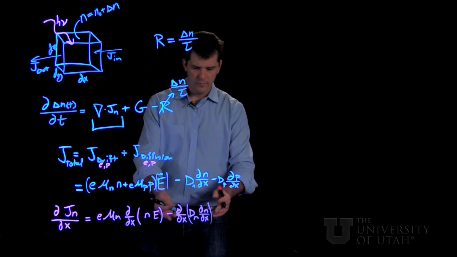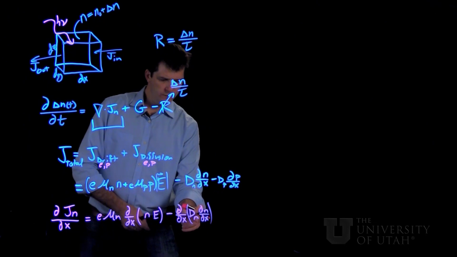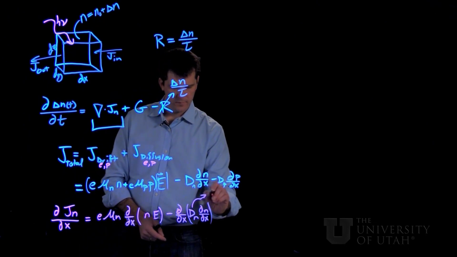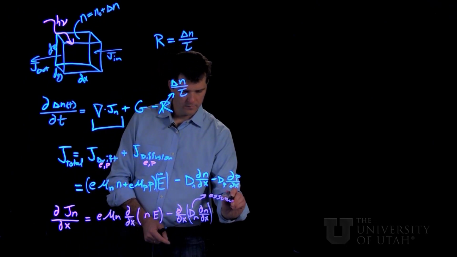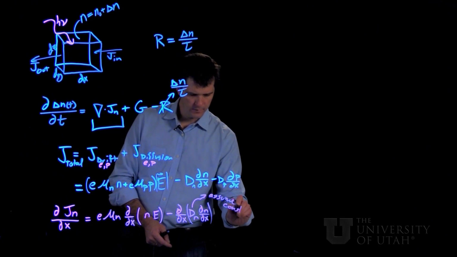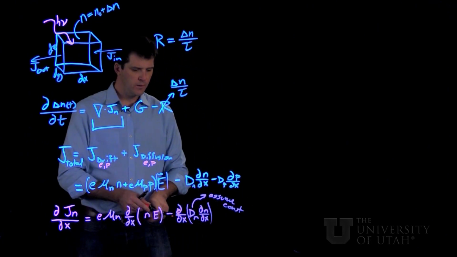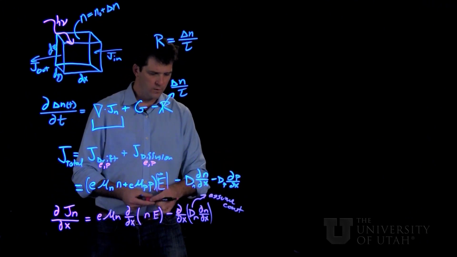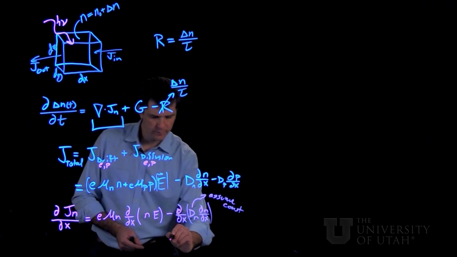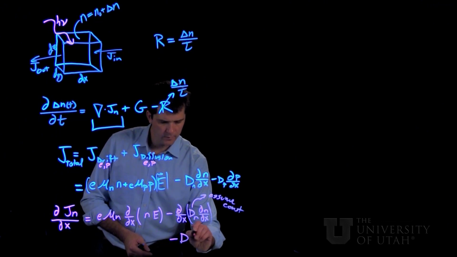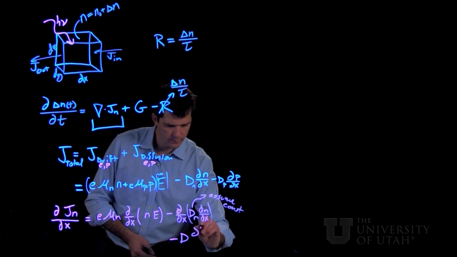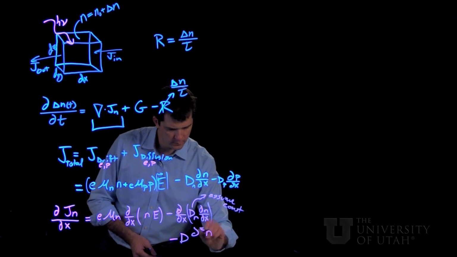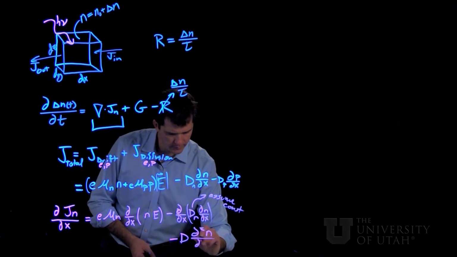So it's usually assumed that the diffusion coefficient is a constant and does not depend on space in this little volume we're talking about, or on the carrier concentration. So we can reduce this one to d times the second derivative with respect to distance.